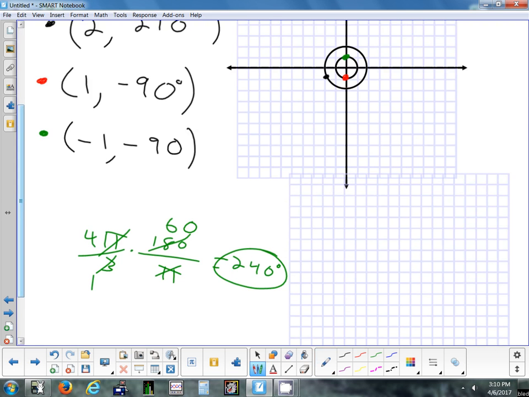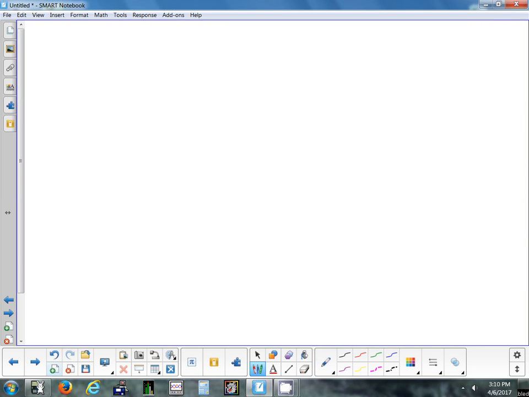Next, I'm going to give you a polar coordinate and ask you to convert it to rectangular. Let's say we had something like 5, 215 degrees.